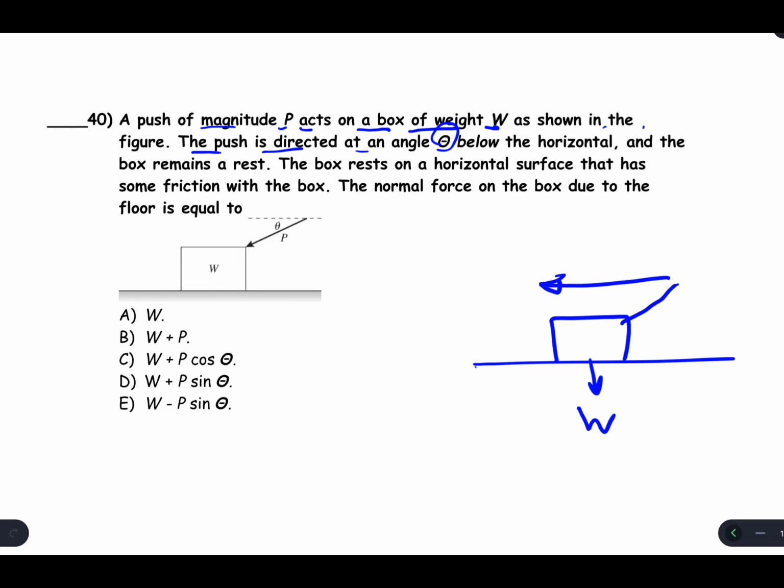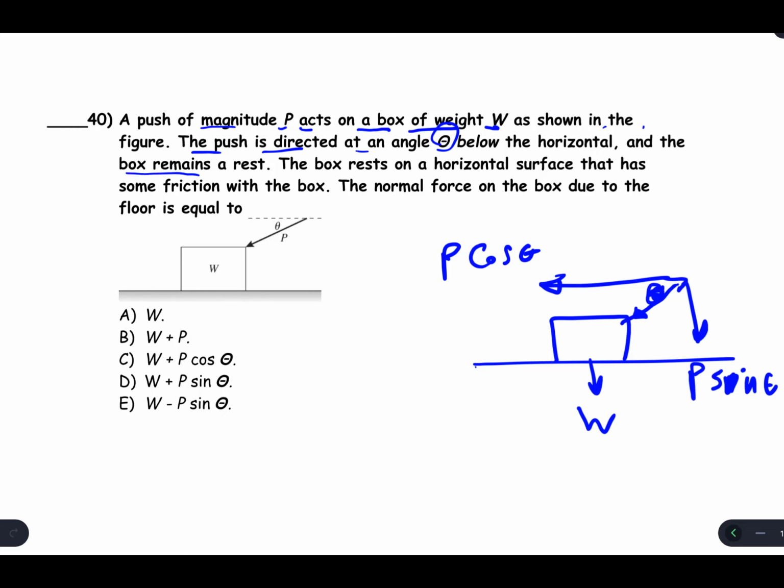We resolve it in the x and y directions. Theta is here, so the one next to the angle gets cosine. So P is the push force: P cosine theta, and here P sine theta.